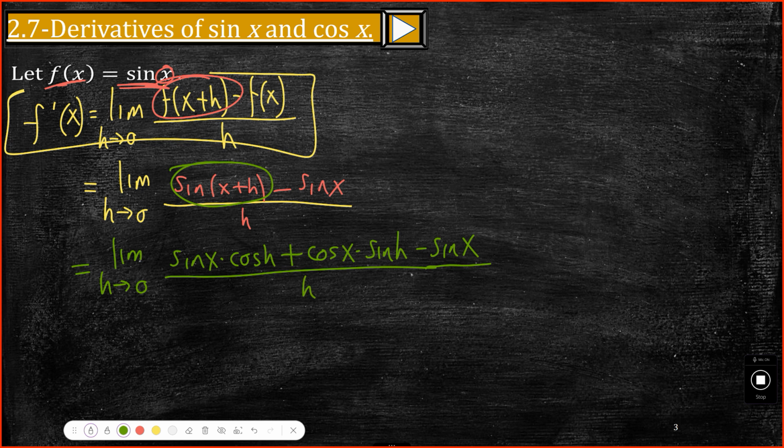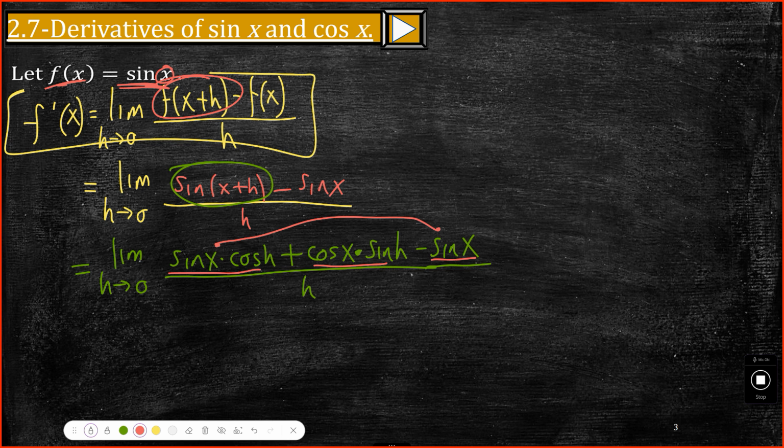So now you're like, so what do we do next here? What we're going to do is, we have three terms on top. You see, this is one term, this is another term, this is another term. What I'm going to do is put this term next to the last term.